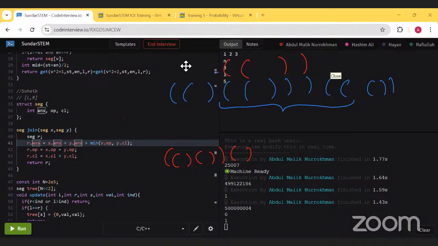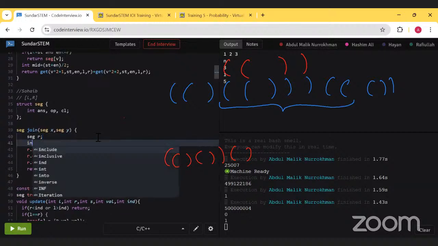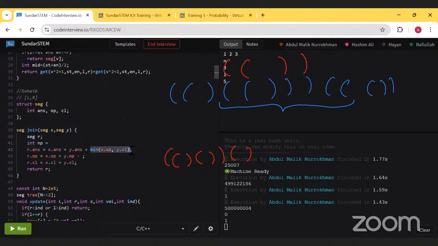So I don't need to explain. We can just minus with this minimum, right? So let's say the number of new pairs is like this. Actually, we can multiply it by 2 because they are pairs, right? A pair of brackets. So we will multiply it by 2.